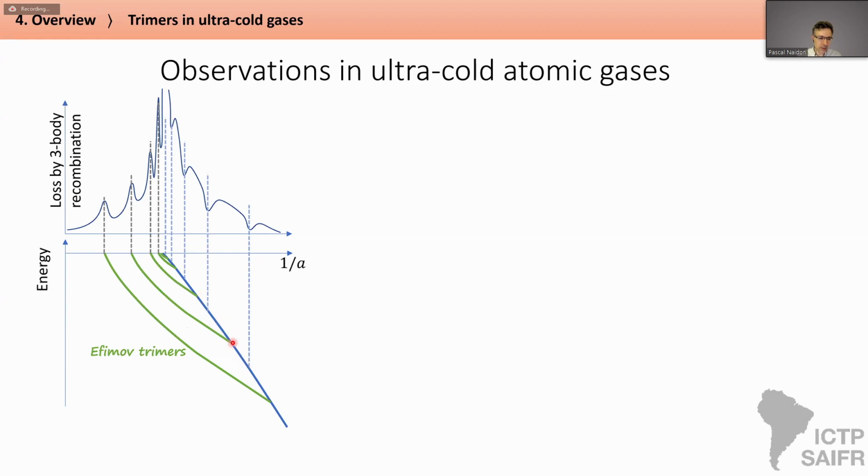That's another loss process, but now it involves the collisions of dimers and an atom. For this, you have to prepare the dimers, like in the last experiments. So this has been seen also experimentally. Close to these points here, you can also see some peaks that correspond to an enhancement of these losses.